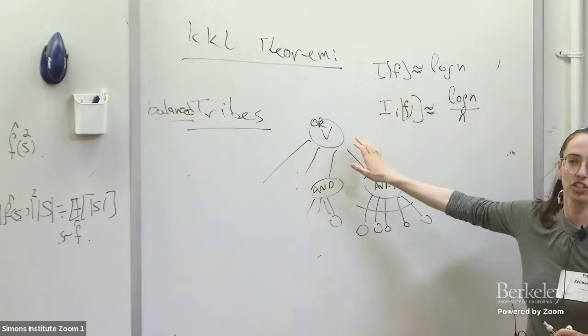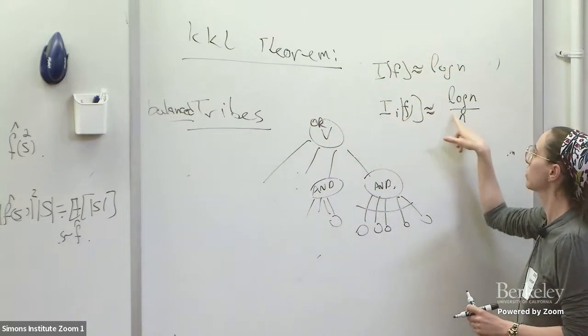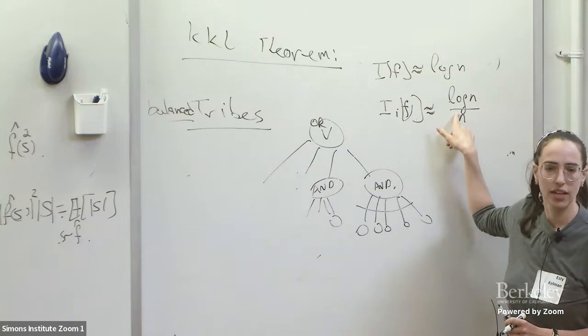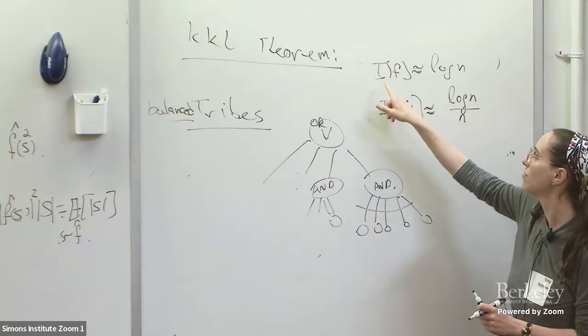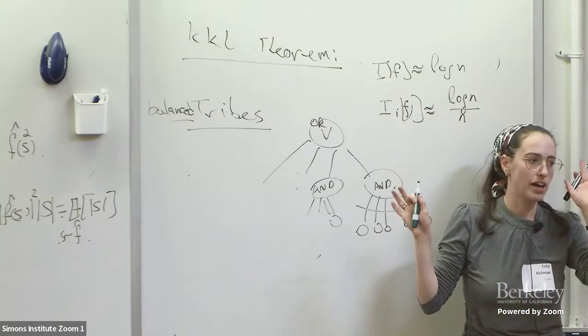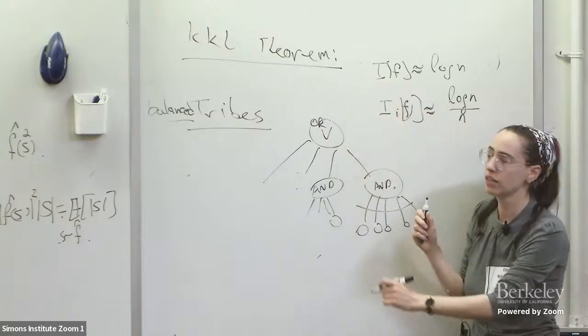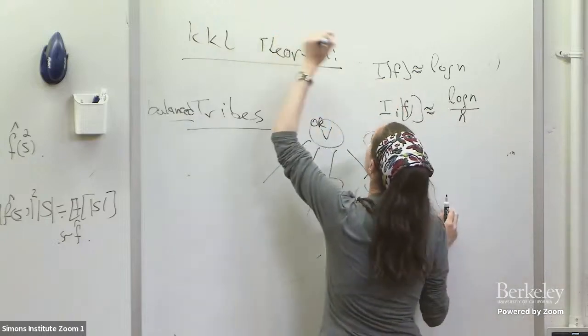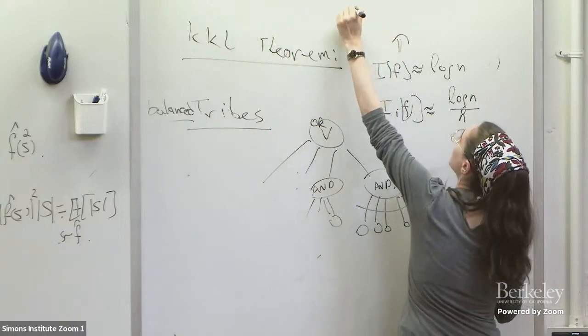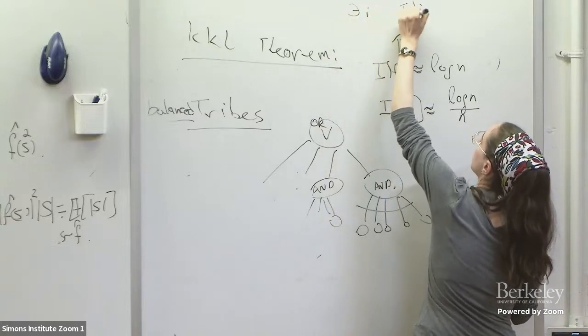Okay. So this function is interesting. Why? Because it has some total influence, and all the influences are not very small. And they asked the question whether you can have better. So what's the trivial bound that we have? Whenever we have some total influence, there exists some i with individual influence at least the total influence over n.